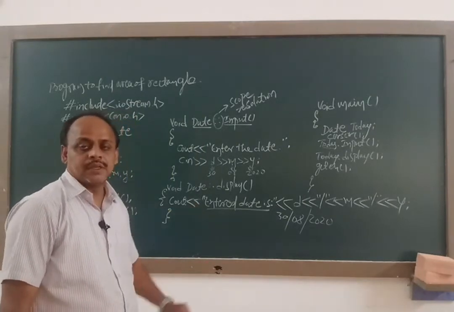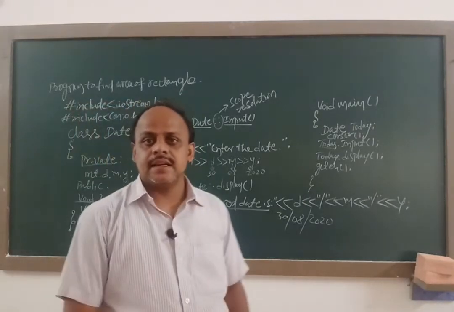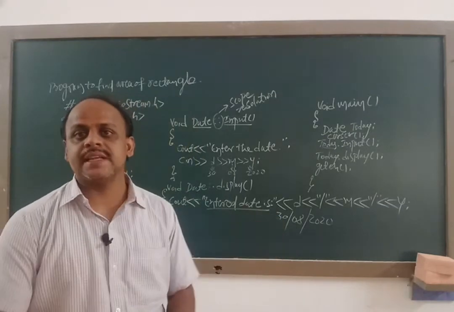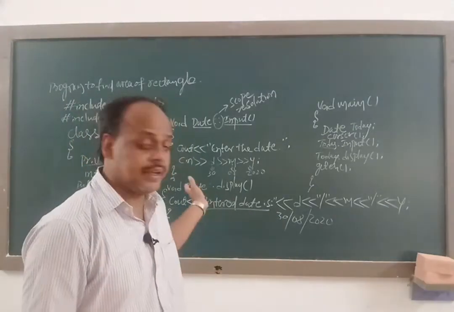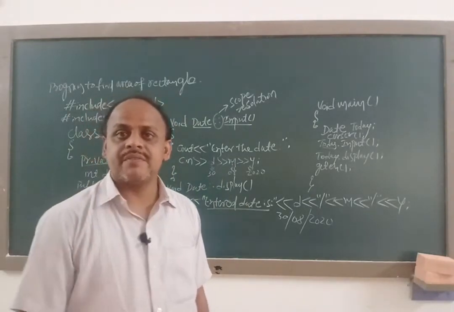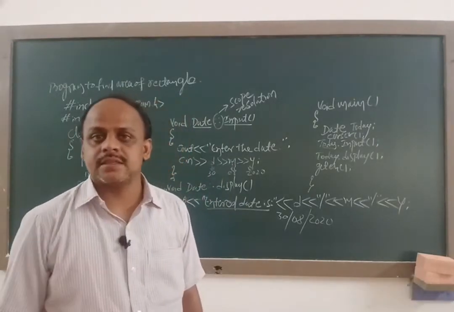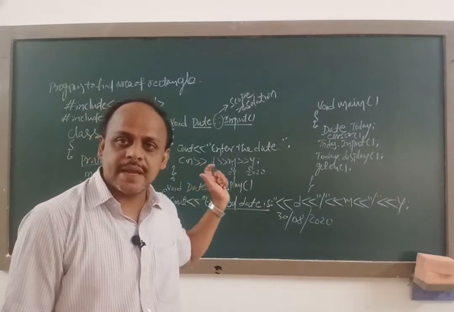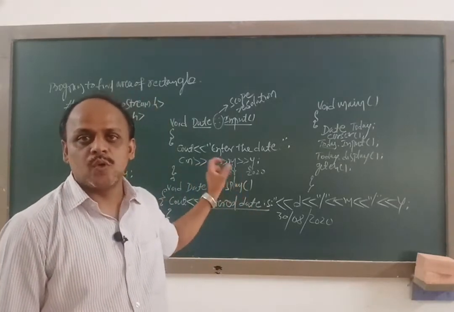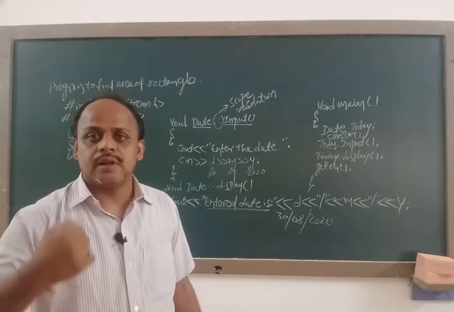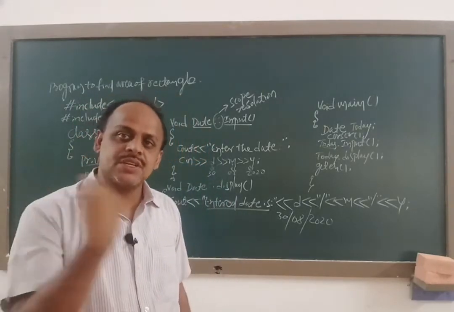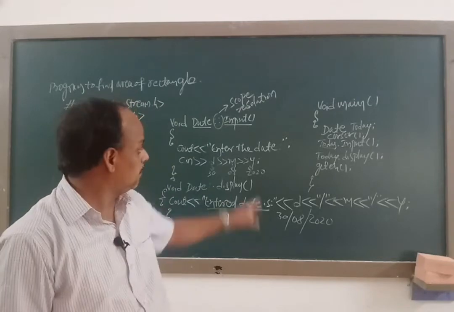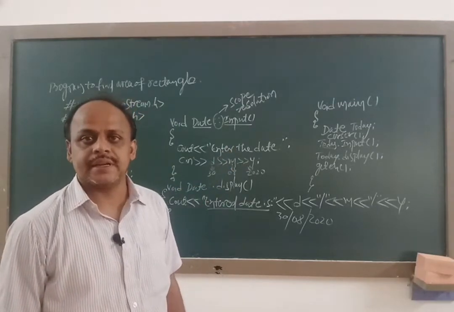Like this. Now let us consider the last problem, that is rectangle program. There we defined a member function inside the class. Now I am going to solve the same program. I am going to write code for the program which contains member function definition outside the class, that is with the help of scope resolution operator. Let us see.